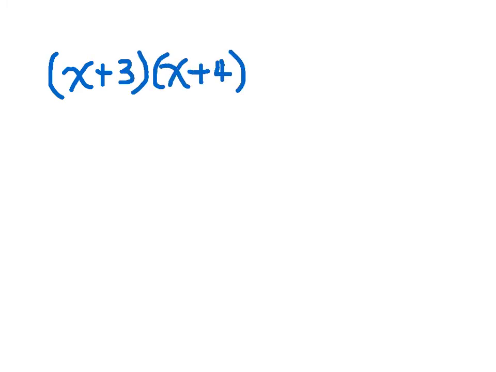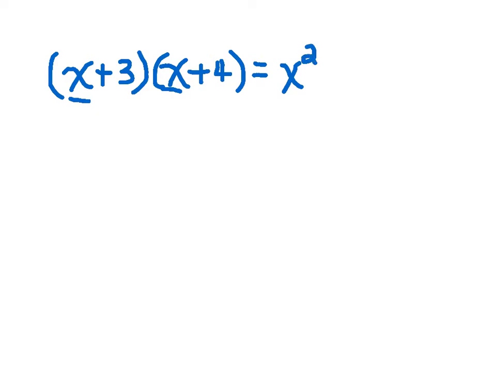I'm going to get there by first multiplying. Let's say x plus 3 times x plus 4. We know that when we multiply binomials, we can use our handy-dandy FOIL method. First, multiplying the first terms gives x squared.